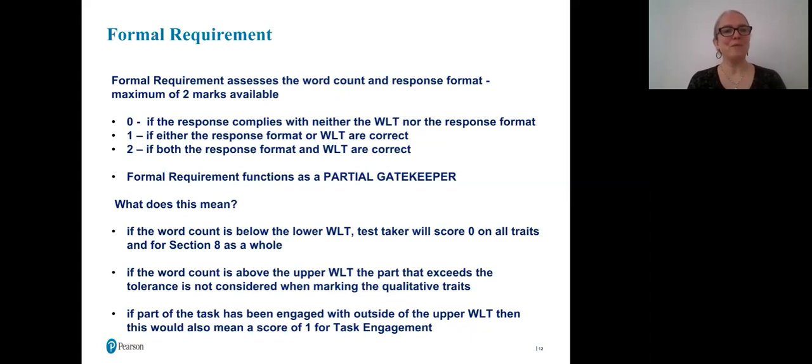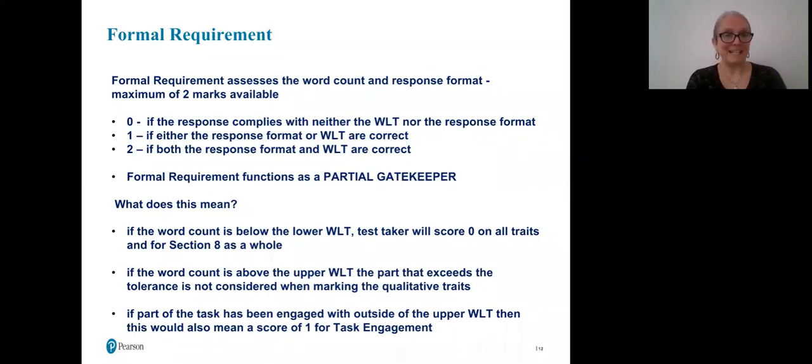1 mark would be awarded if either the response format or the word limit tolerance are correct. And the full 2 marks would be awarded if both the response format and the word limit tolerance are correct. So formal requirement here functions as what we call a partial gatekeeper.